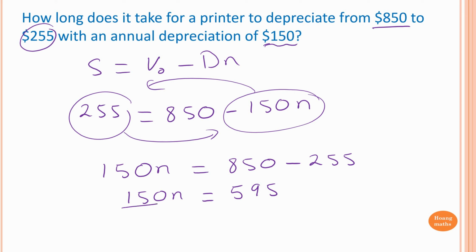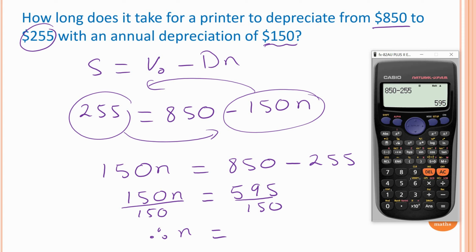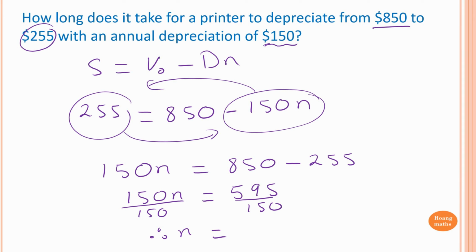Then I divide by 150 on both sides. So therefore, N is equal to the answer divided by 150, which is 3.97 years.